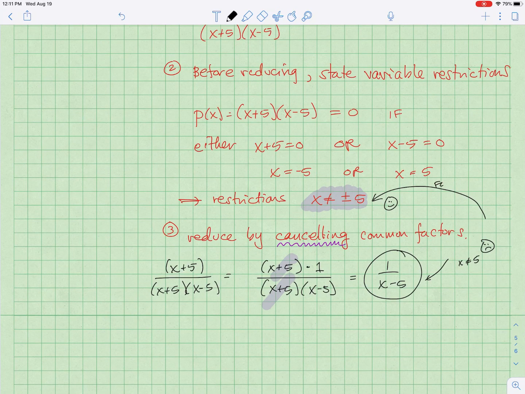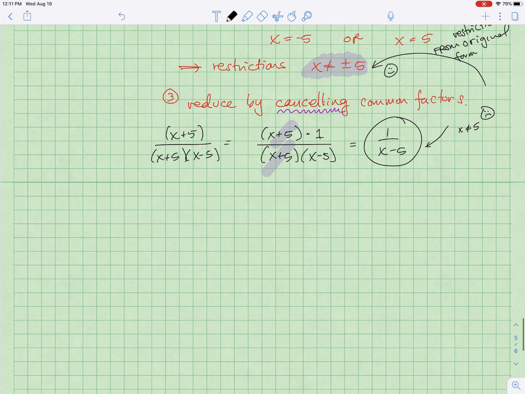So we want restrictions from the original form.